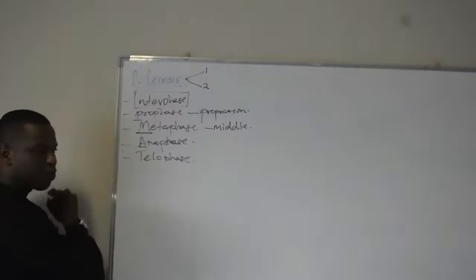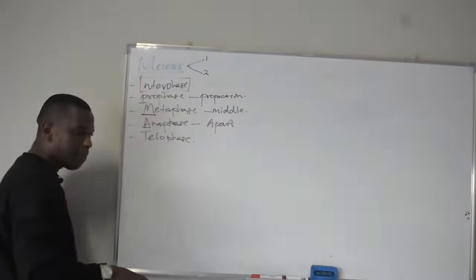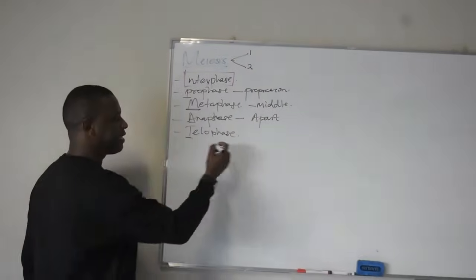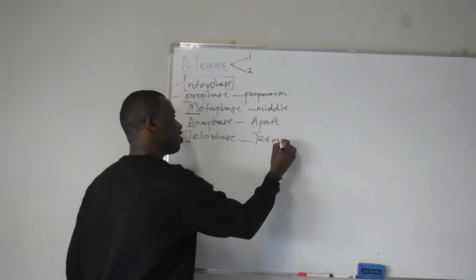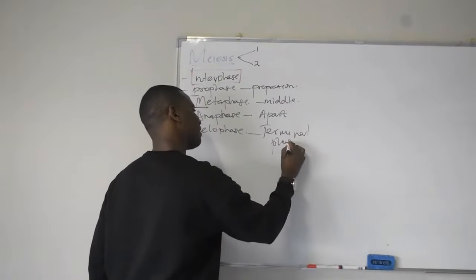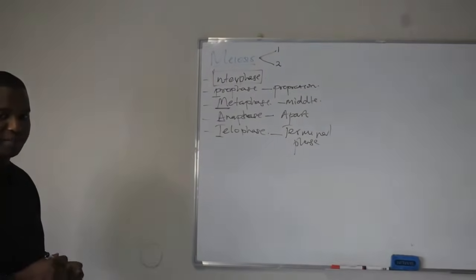Anaphase starts with A. That means there are chromosomes that are going to be moving apart from each other, right? And then telophase starts with a T. That means we have reached the terminal phase. We have reached the end of our cell division, right?